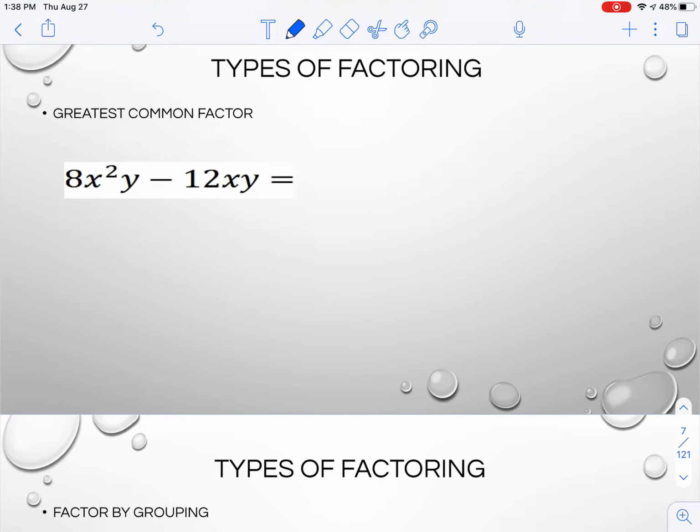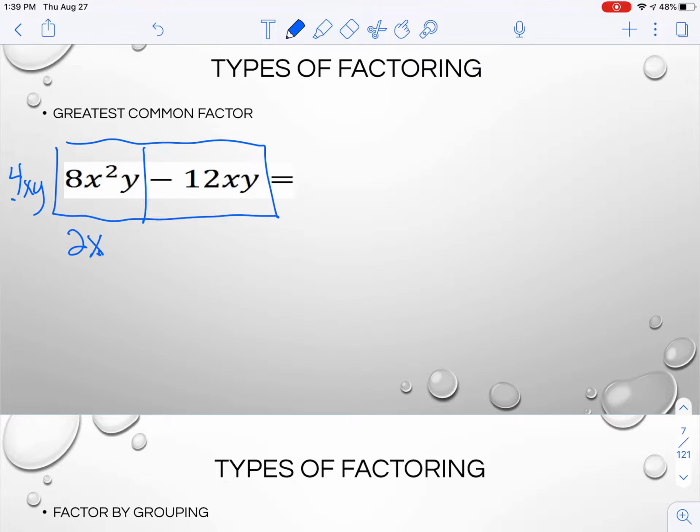Using the generic rectangle approach, again, I'm going to connect to this first, and then we're going to steer away from it. So each of these terms contains a multiple of 4, a multiple of x, and a multiple of y. So if we're doing this times this to get what's in the box, 4 times what is 8, 2. x times what is x squared, x. And then y times 1 is y.